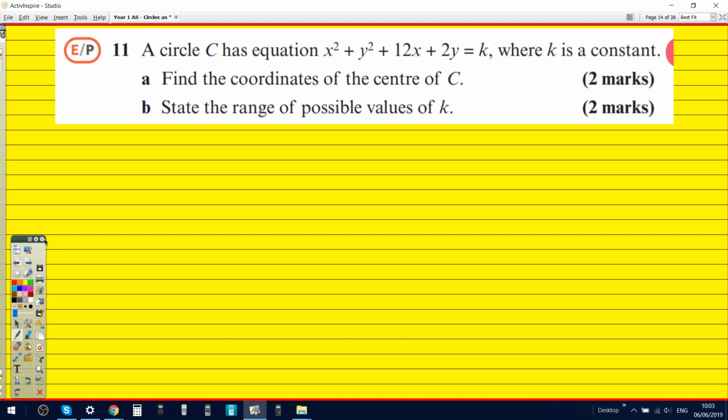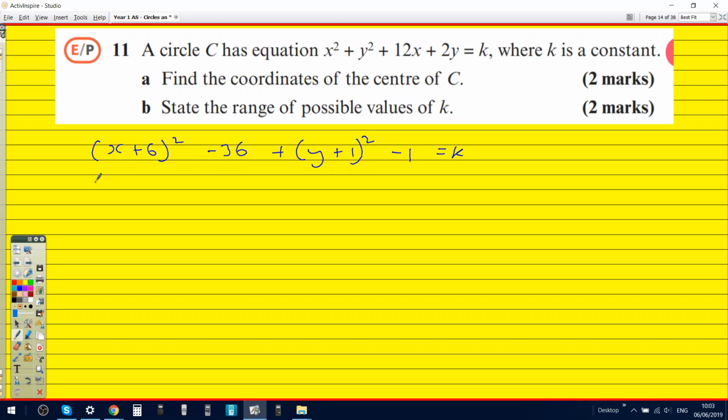So in brackets is x plus 6 squared minus 36 plus y plus 1 squared minus 1 equals k. So we've got the center then.